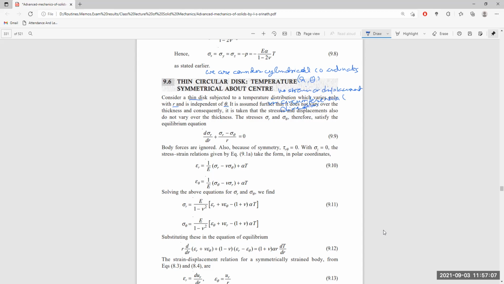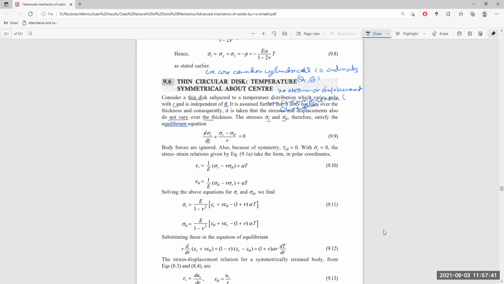Stresses or displacement do not vary over the thickness. Again, this is assumed, because the thickness is small. As sigma r and sigma theta, the stress along the r direction and the stress along the circumferential direction, are supposed to satisfy the equilibrium equation for the static condition. This is the equilibrium equation, given by d sigma r by dr plus sigma r minus sigma theta divided by r, equal to 0.